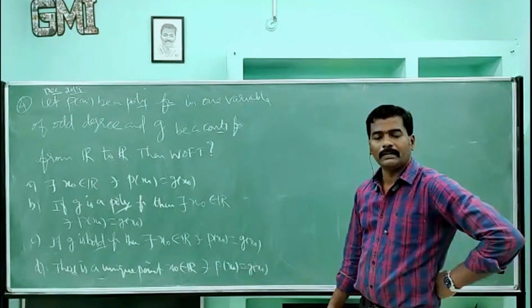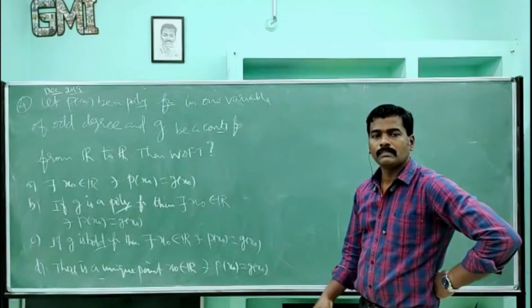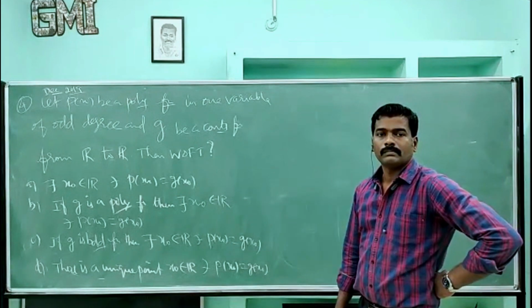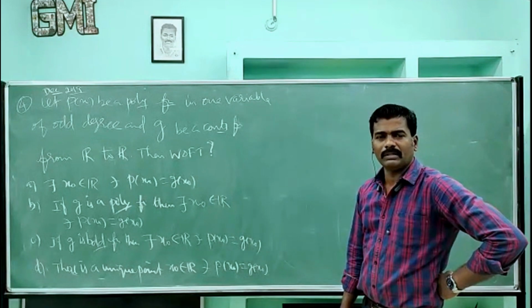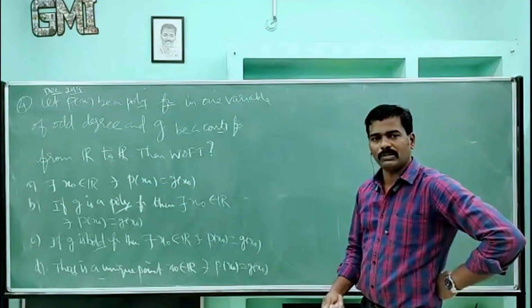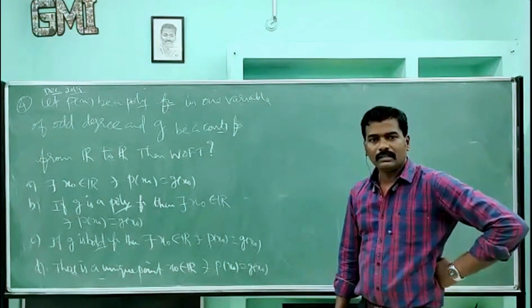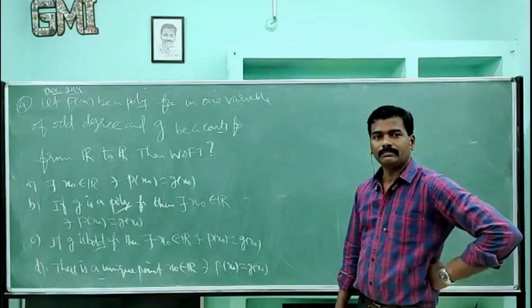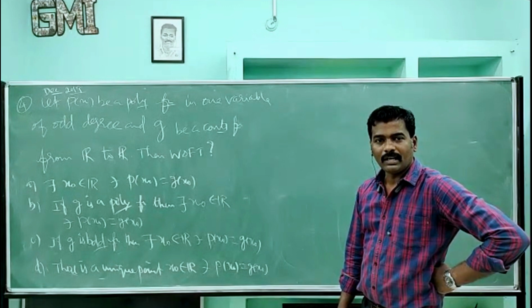Sivaranjini, option C. Good. Next, come on, response. Only a few people are responding frequently. Other people are very silent. BC. B only.